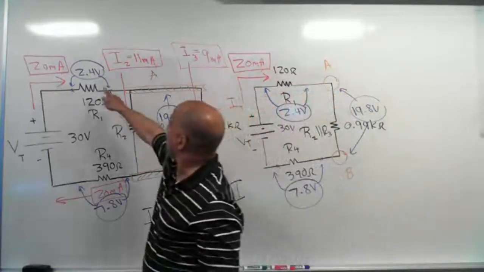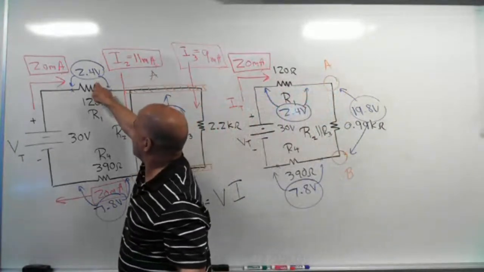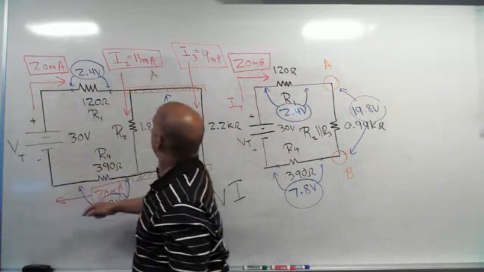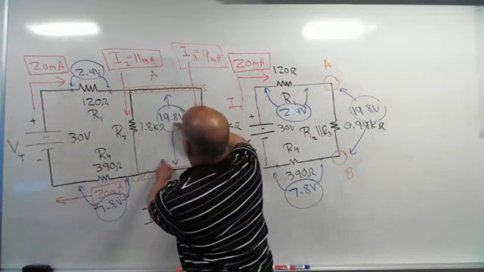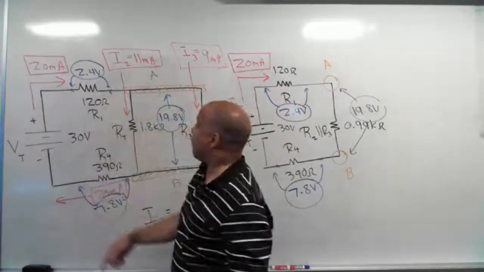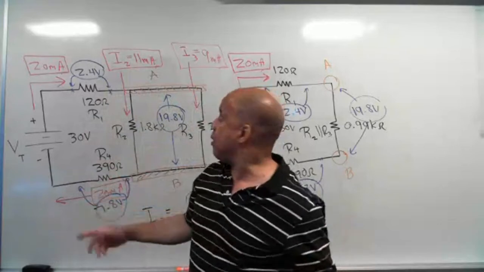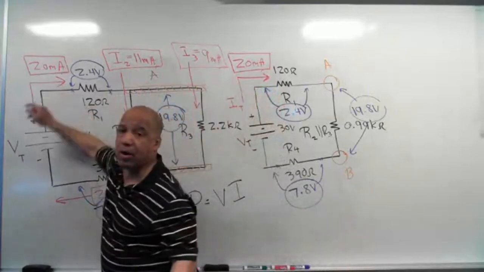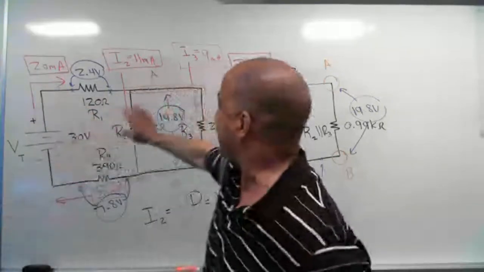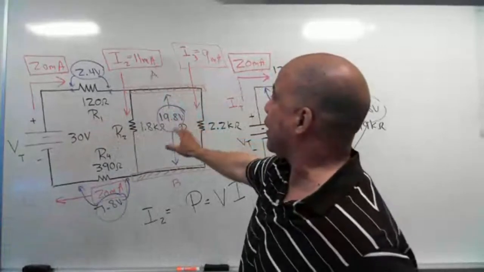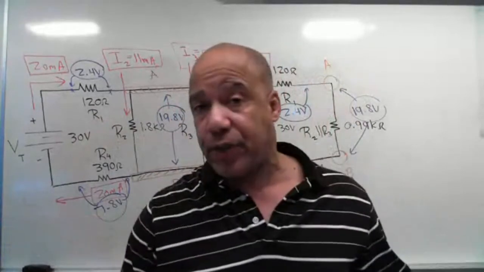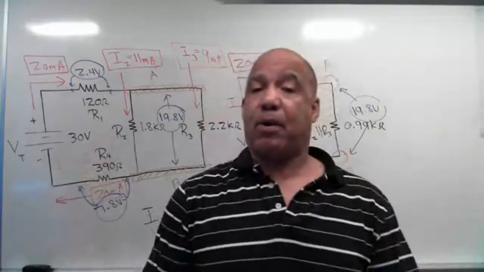If I want this power, I take that voltage times that current. If I want this power, I take this voltage times that current. If I want the total power, I take this voltage times that current. No matter what I ask you for, you can now give it to me in that original circuit because you've identified all the currents through every element and the voltage drop across every element.